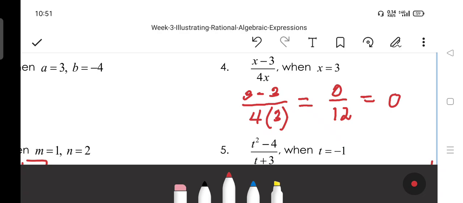As I have observed, some of you got this wrong because your answer was that 0 divided by 12 is undefined. So you have to remember that dividing a number by 0 is what makes it undefined. Any number divided by 0 is undefined, okay? But not 0 divided by any number. 0 divided by any number is still equal to 0. So the answer here is 0.